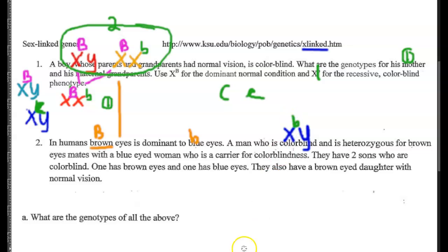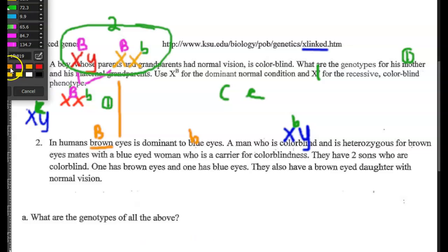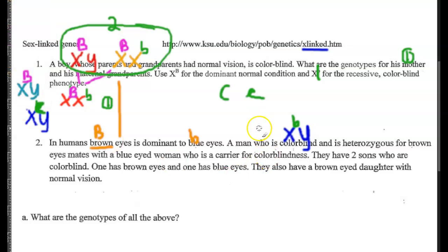And he is heterozygous for brown. Alphabetical order. Heterozygous. Right?